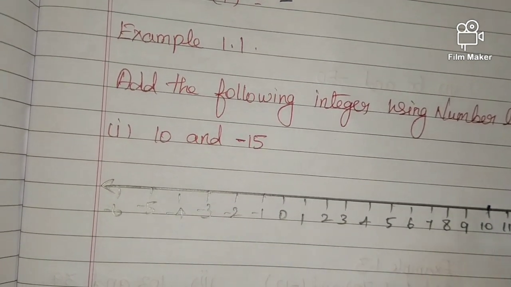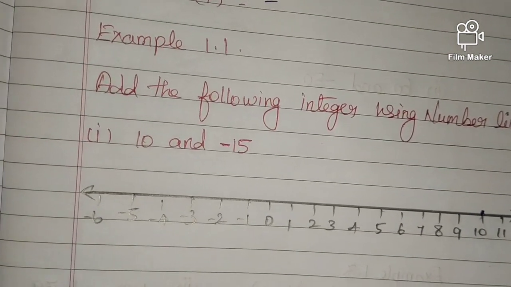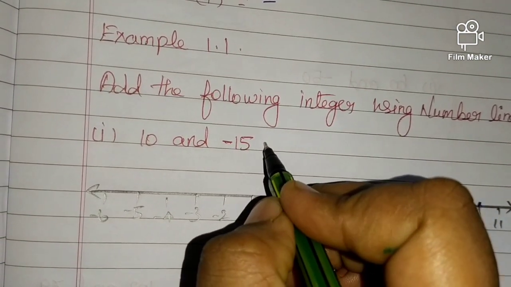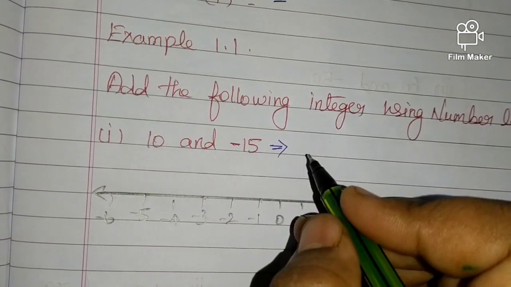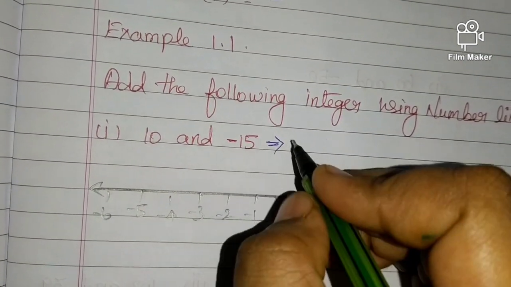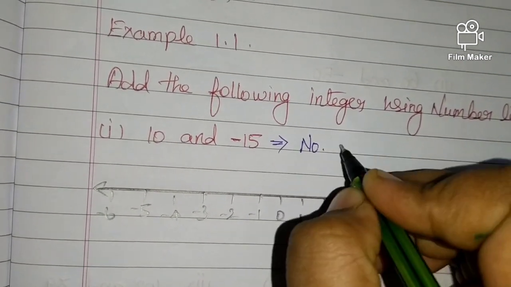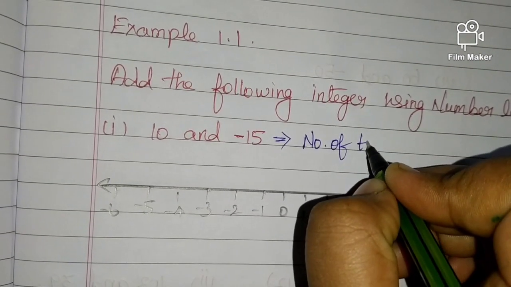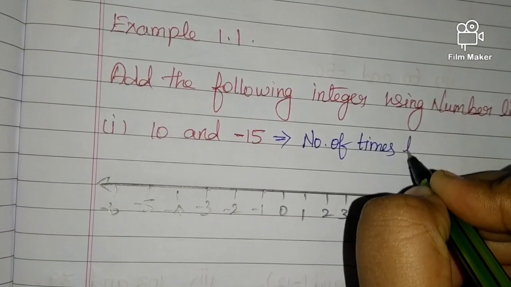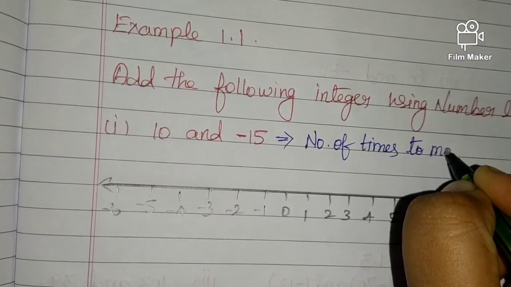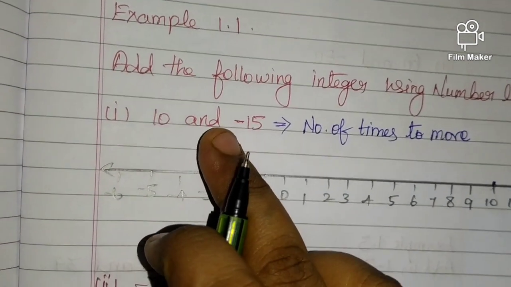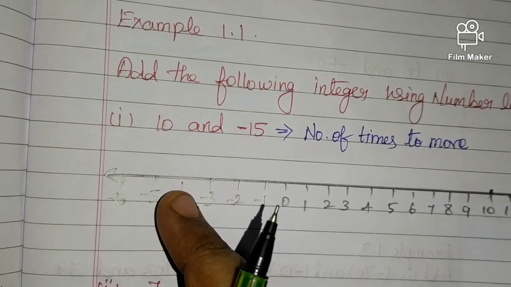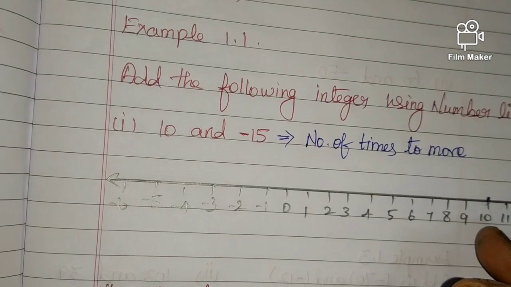The first number we want to keep on the number line, and the second number whatever they given, make sure that is the number of times you want to move. So we want to move 15 times from the 10. Are you clear?